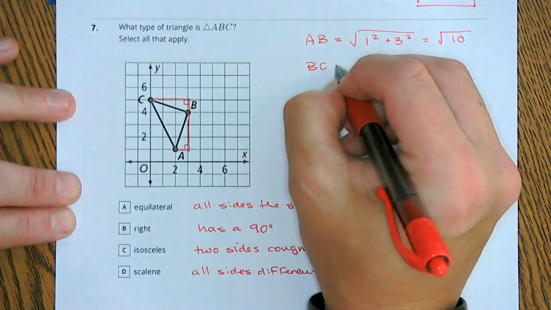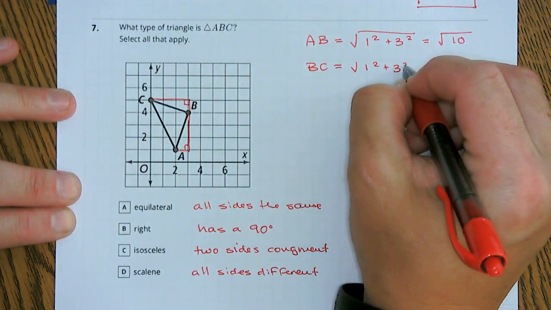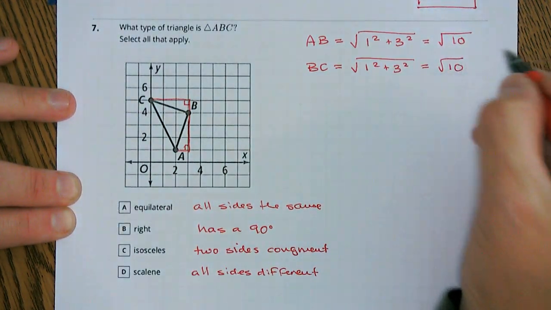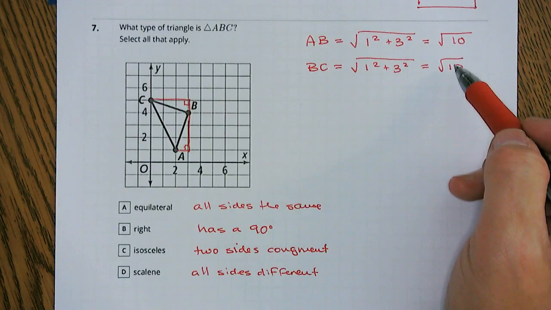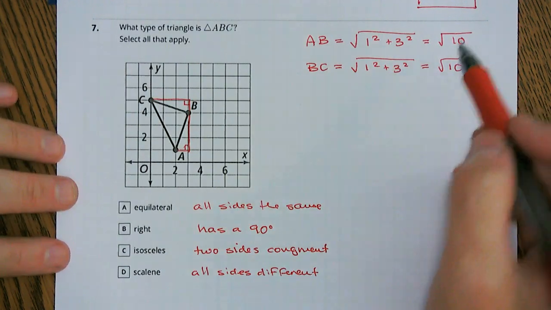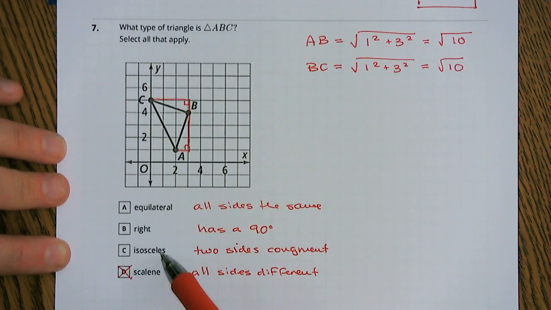So BC is also 1 squared plus 3 squared. Take the square root of that, and we're still going to get the square root of 10. Notice we've got two sides that are congruent already, square root of 10 and square root of 10. So we know it's not going to be scalene, because scalene would be all sides different. So it's either going to be equilateral or isosceles.